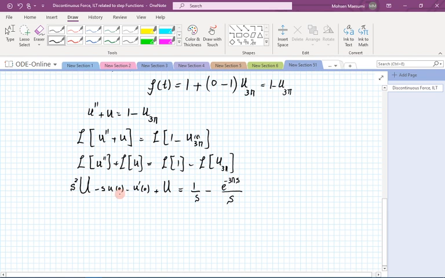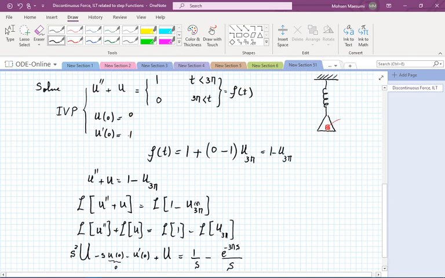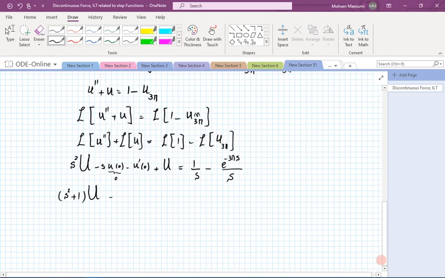So u of 0, luckily it's just a 0, so one thing out of our hair, and this is just a 1. So these two become, let's take a common factor of u, the Laplace transform of a little u. So I collect these two. This one in the problem was stated to be 0, I believe, yes, and this is a 1. This is a 1, so I can take it to the other side. So I'll have a 1 plus 1 over s minus exponential of minus 3 pi s over s.